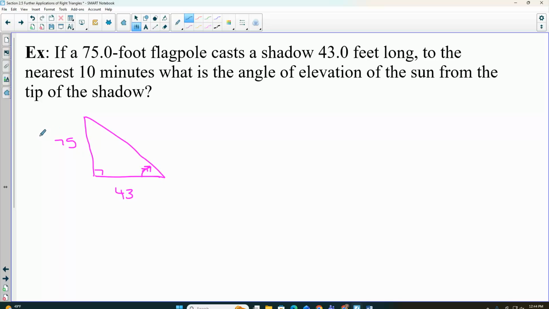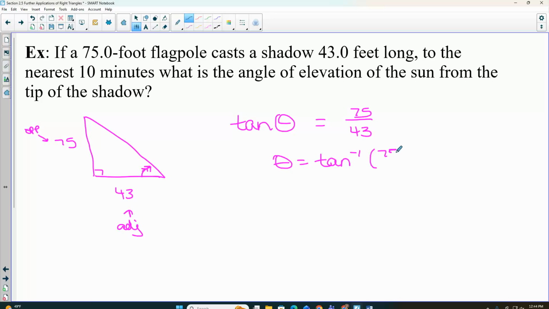So this would be my opposite side. This would be my adjacent side. So what trig function? Tangent. We'll say the tangent. I don't know my angle. I'll just call it theta for a minute. Equals opposite over adjacent. How did we find those angles? Tangent -1. Remember that second tangent on your calculator?